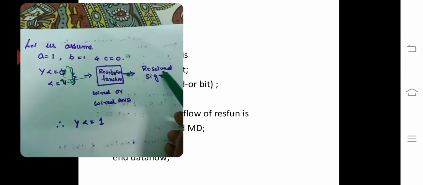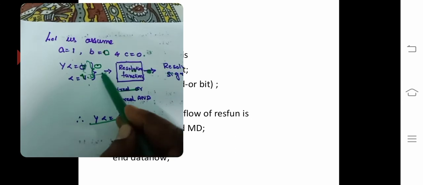Okay, so you are going to apply the resolution function. In this resolution function, the highest value is taken. 1 is the highest, so your output is the resolved signal, where R is nothing but the maximum value is taken here. Presently both are 1 and 1, so you get the output as 1.